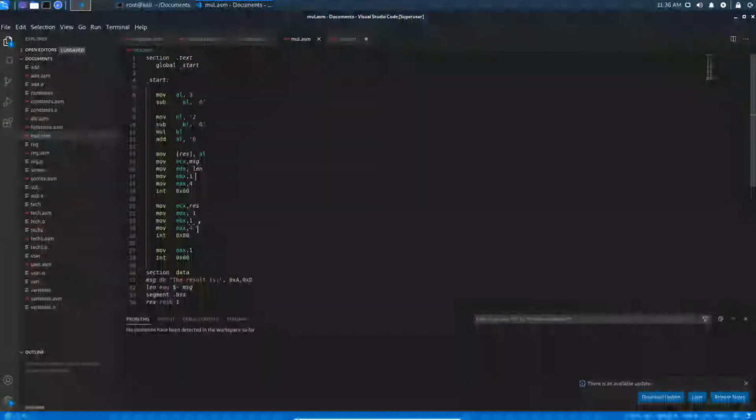At last the result is stored in the EAX register, and hence we print the result, and the kernel is interrupted with the relevant system call. So the result will be printed. I think all members know what this process does.